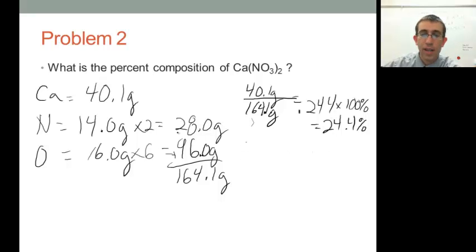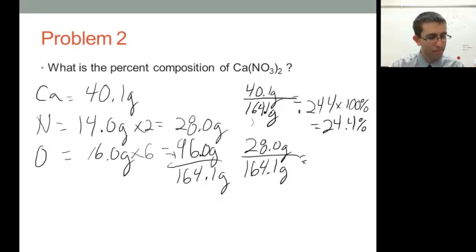Nitrogen, I'm going to take this number here, 28.0 grams. So it's the number after you figured out how many nitrogens are in there and multiplied, okay? So make sure you're careful on that. So 28.0 grams divided by 164.1 grams. 28 divided by 164.1.